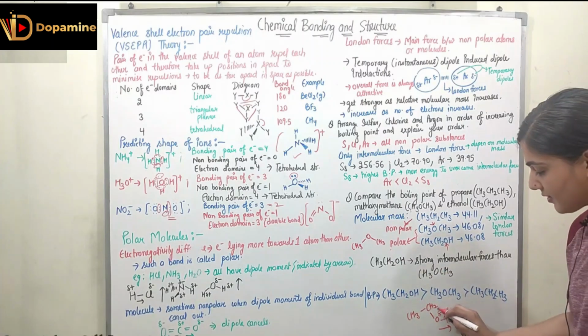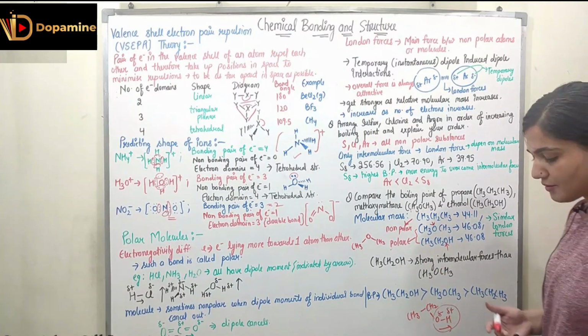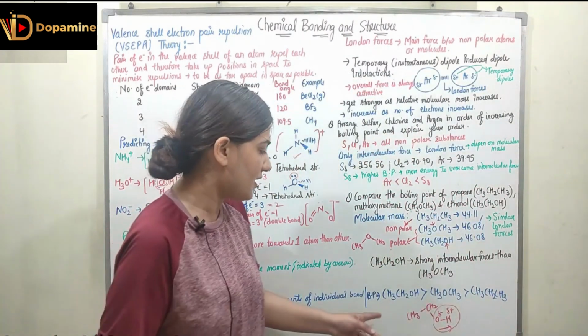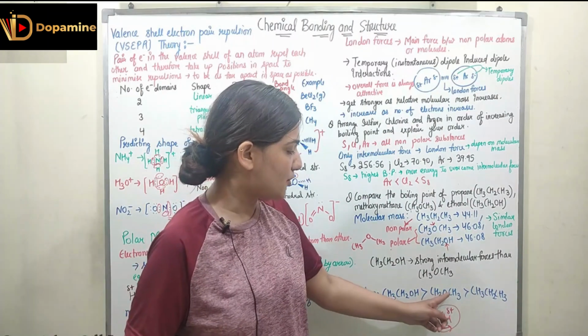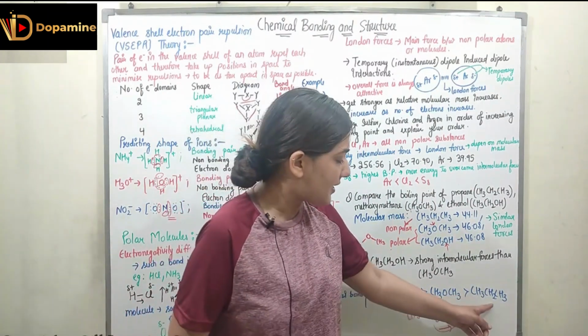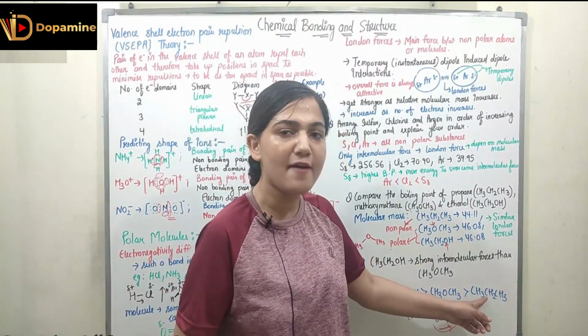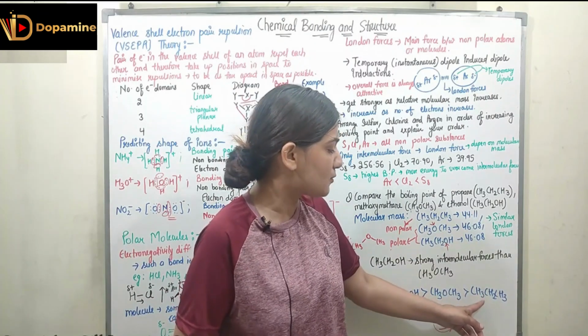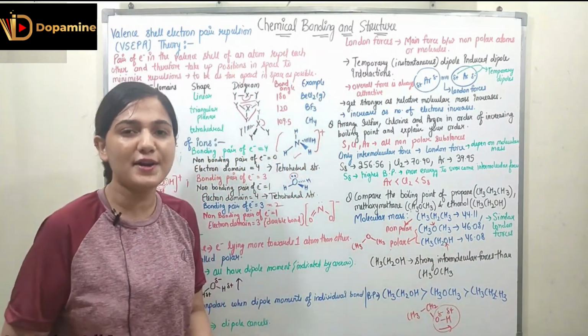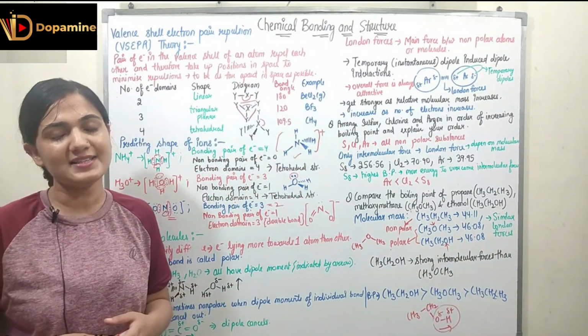Because of this induced charge, we have a higher boiling point for CH3CH2OH than CH3OCH3 because it is polar, and lastly, because propane has just London forces, it has the lowest boiling point. So I hope you understood all of the things that I have discussed. Thank you so much.